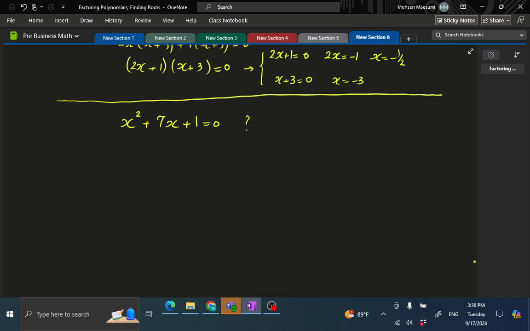This is a general case of a quadratic equation, and you might have seen this in your prior classes. So we are going to bring some big guns.